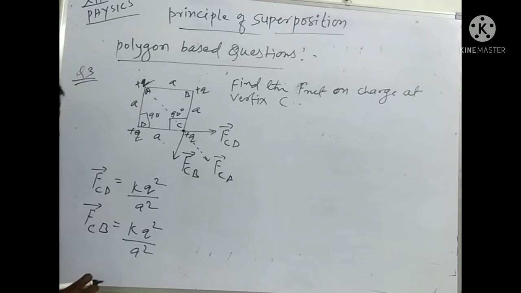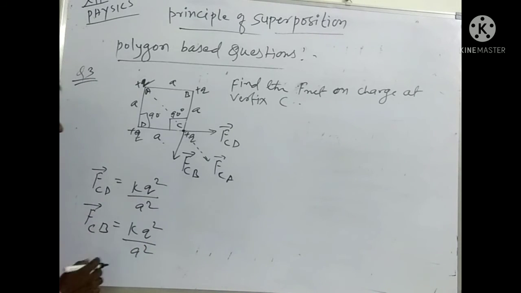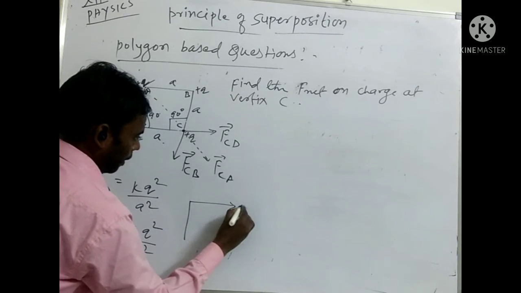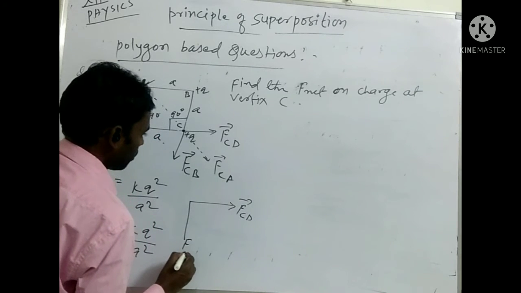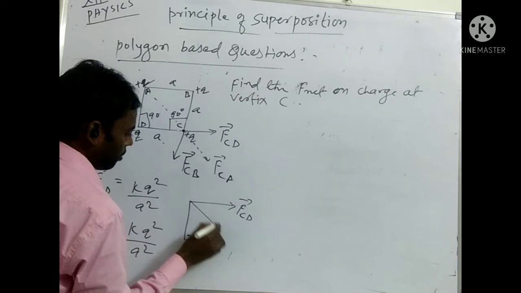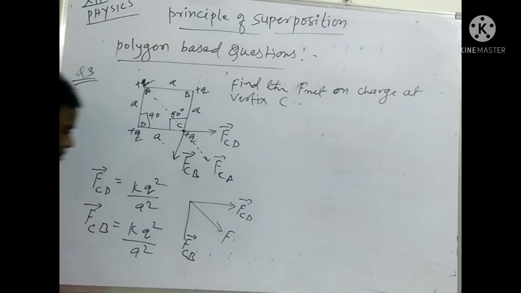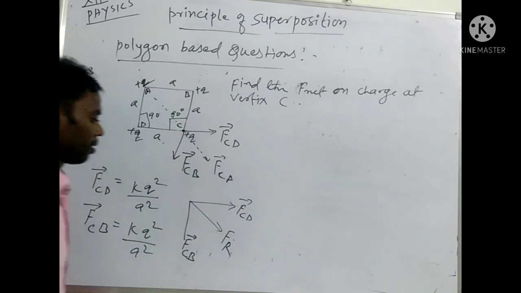Magnitudes are the same, right? First we have to find the resultant between these, FCD and FCB. Suppose we call the resultant FR.